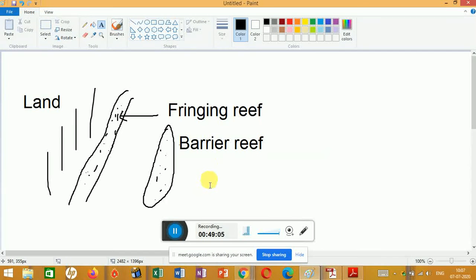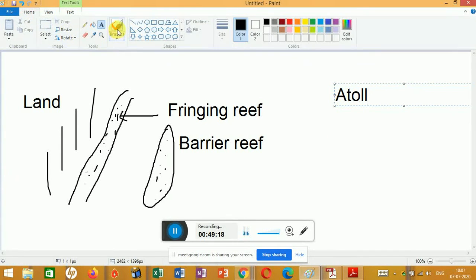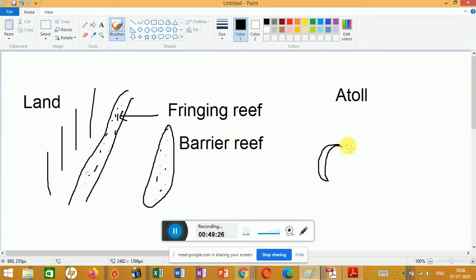And the third type of coral, this is an island. The third type is known as atoll. So atoll looks like a circular island. It looks like this. For example, this is a crescent shape island formed by coral.